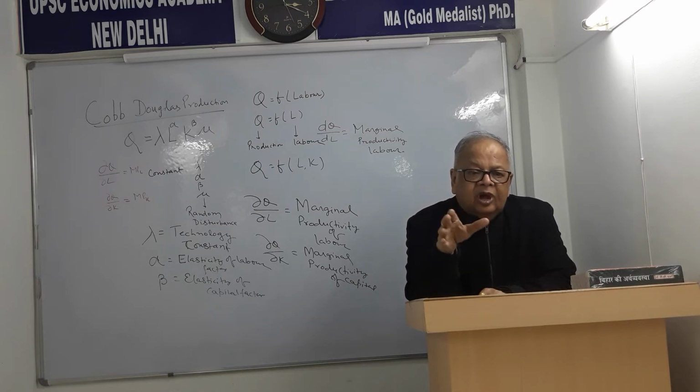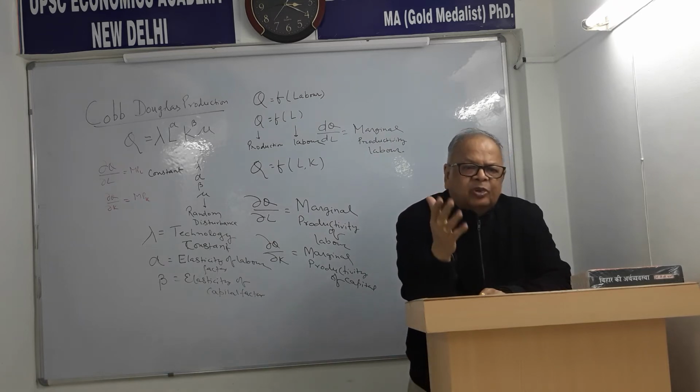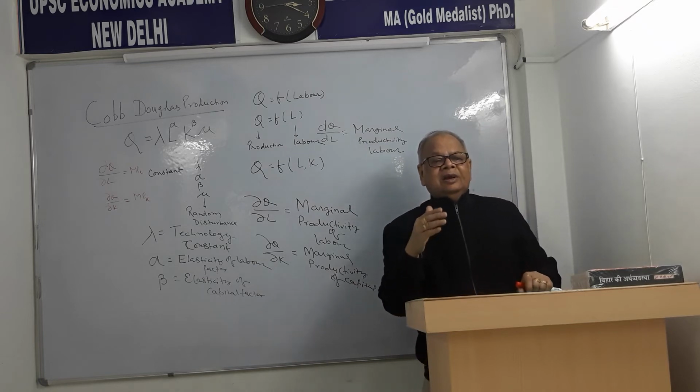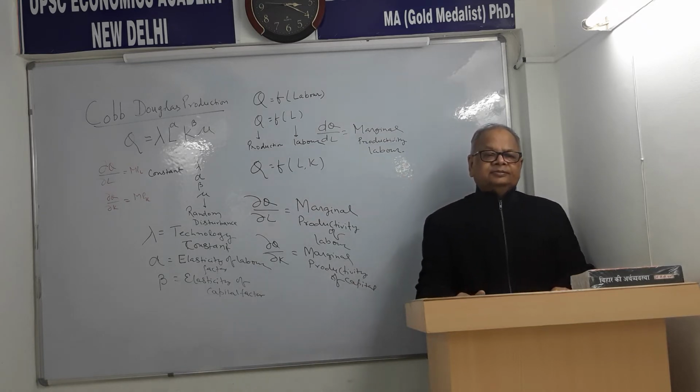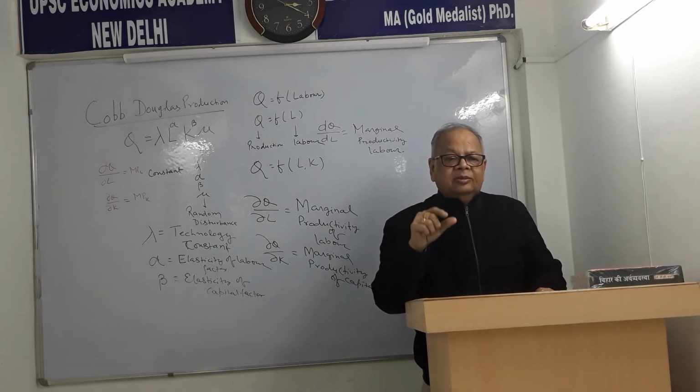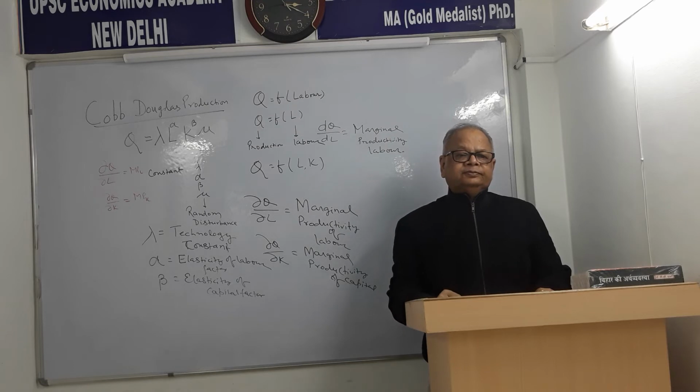Then a time comes when 10% labor is increased and production increases by just 10%. This is a theoretical possibility, but that can happen. Labor increases by 10%, production increases by exactly 10%. Then what is its name? Law of constant returns.